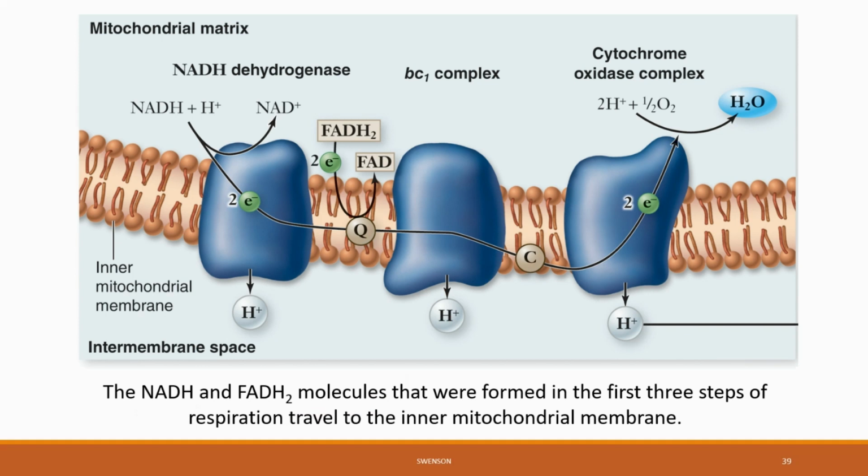The NADH and FADH2 molecules produced in glycolysis, pyruvate oxidation, and the citric acid cycle concentrate in the mitochondrial matrix. Embedded in the inner membrane surrounding the matrix are a number of transmembrane proteins that take the hydrogen atoms away from NADH and FADH2.